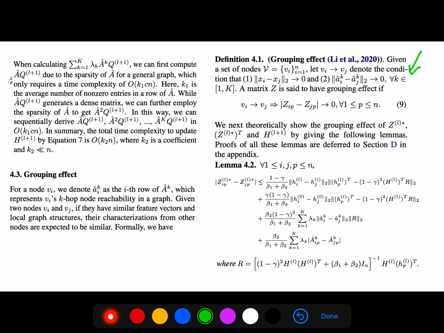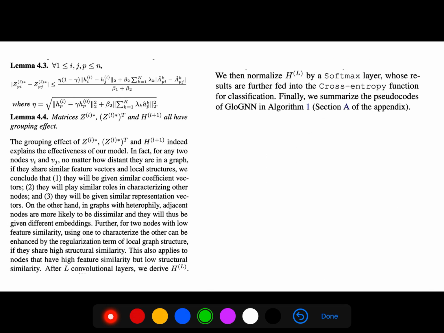A matrix is said to have the grouping effect if this holds, and they show this property in this lemma.